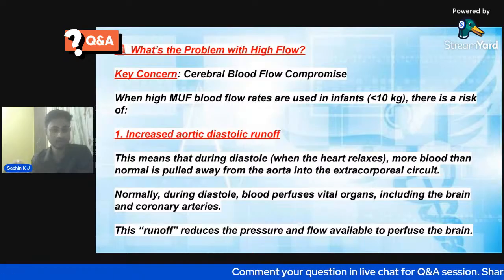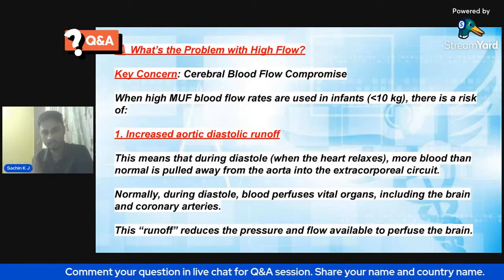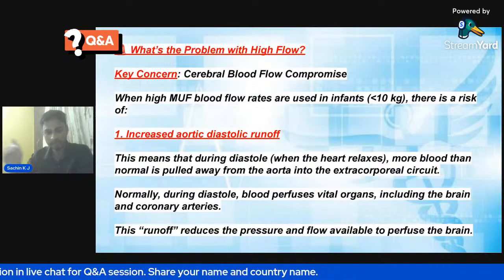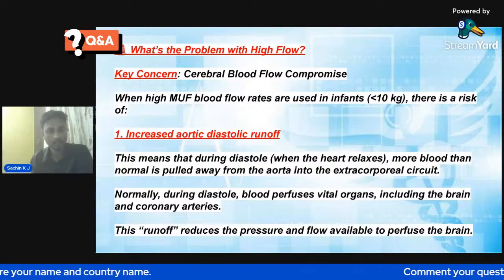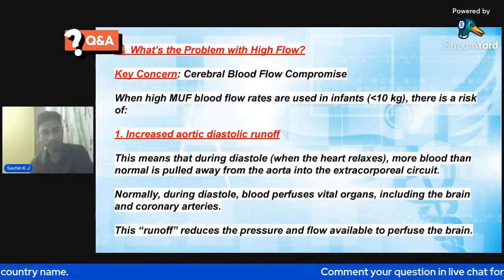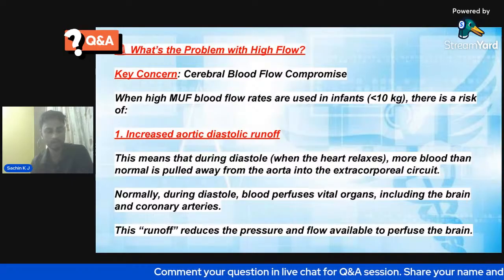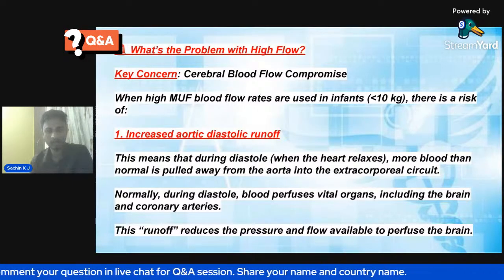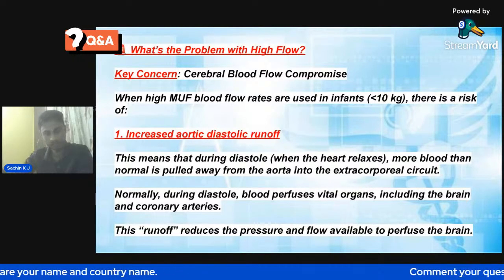This means that during diastole, when the heart relaxes, more blood than normal is pulled away from the aorta into the extracorporeal circuit. Normally, during diastole, blood perfuses vital organs like the brain and coronary arteries. During diastole, the coronary and carotid arteries get more blood. In MUF, it will come back to the circuit.